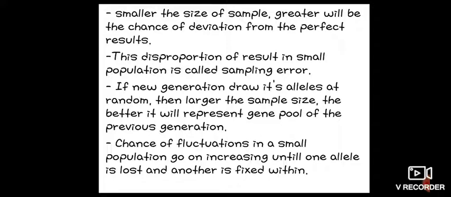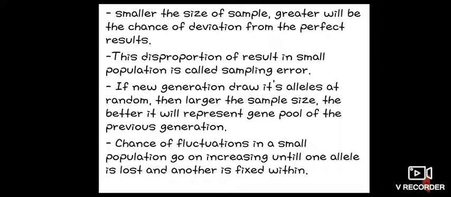Simply explained, either the dominant remains and the recessive is eliminated, or the recessive continues in that population and the dominant is eliminated. This is the general explanation of the elimination of a gene from a particular population.